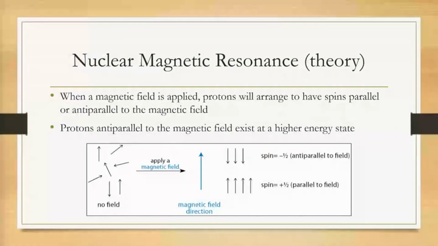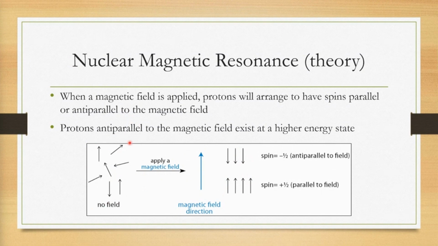So when a magnetic field is applied, protons will arrange to have spins either parallel or anti-parallel to the magnetic field. So if you imagine a sample of molecules, protons or nuclei are just arranged randomly, spinning in random directions. You then apply a magnetic field, and in this image, the direction north to south is pointing up.